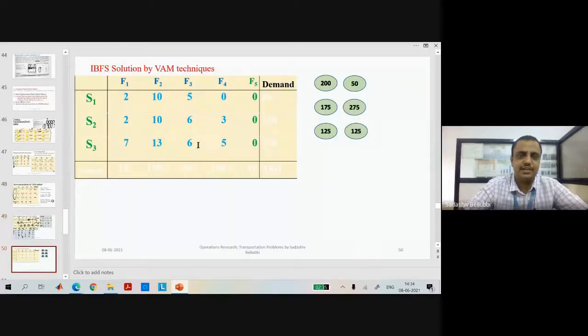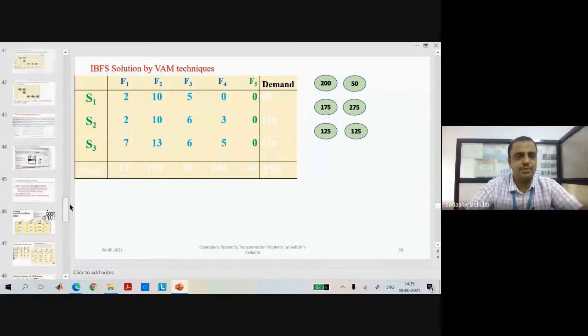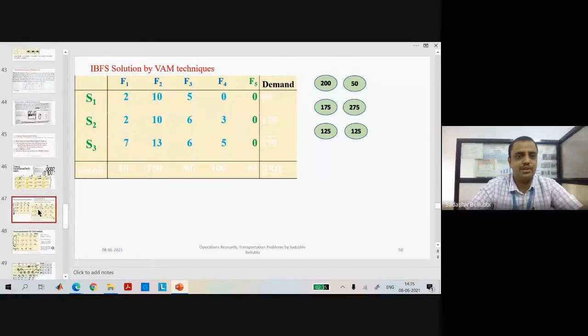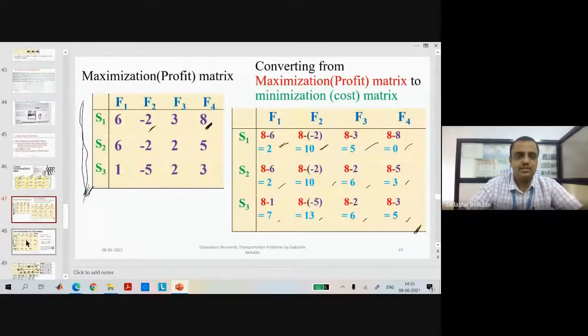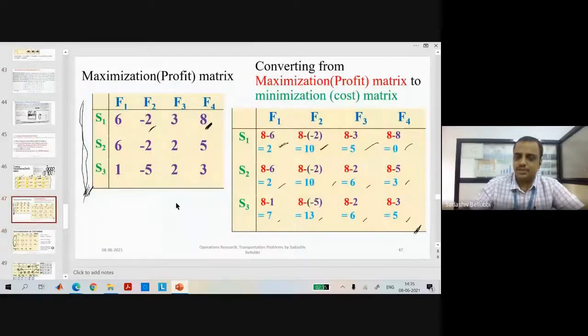These answers we need to write. But while finding the total profit, we need to go for the maximization matrix only. This matrix only we need to consider. We write the allocations in this maximization matrix and get the answer.